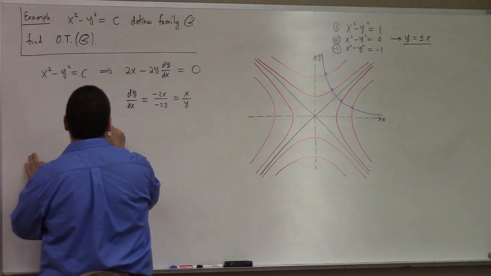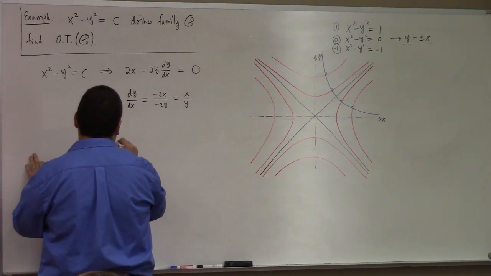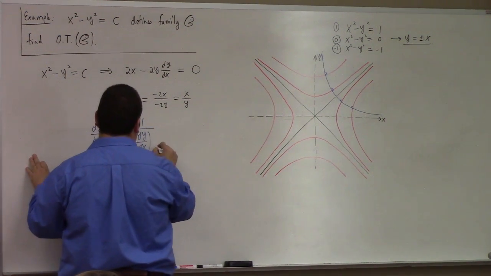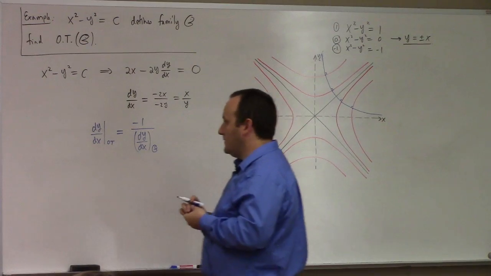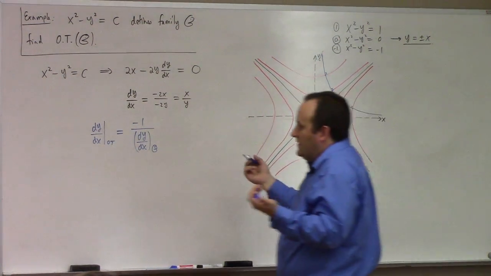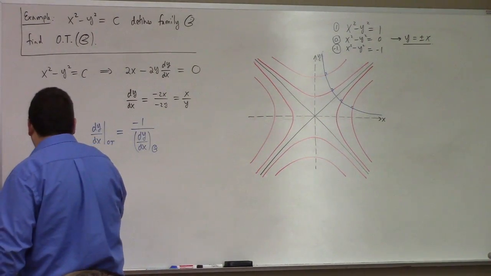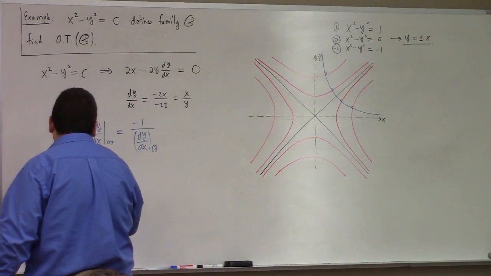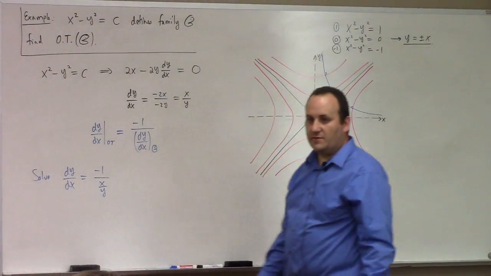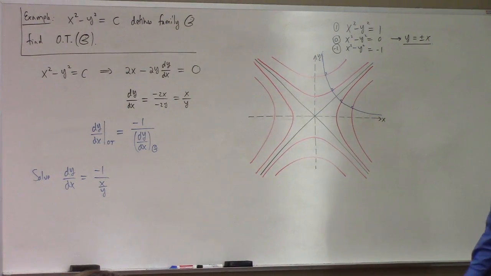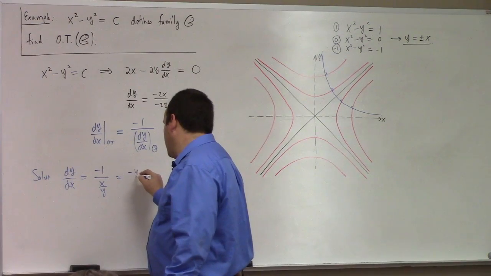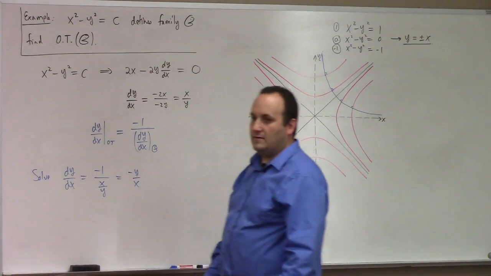So dy dx for the orthogonal trajectory should be minus 1 over dy dx for the Pac-Man family. That's the orthogonality condition. So, in other words, I need to solve dy dx equals to minus 1 over x over y in order to find the orthogonal trajectories to this family of hyperbolas. Of course, the fraction of the fraction is just the what? Minus y over x, right?